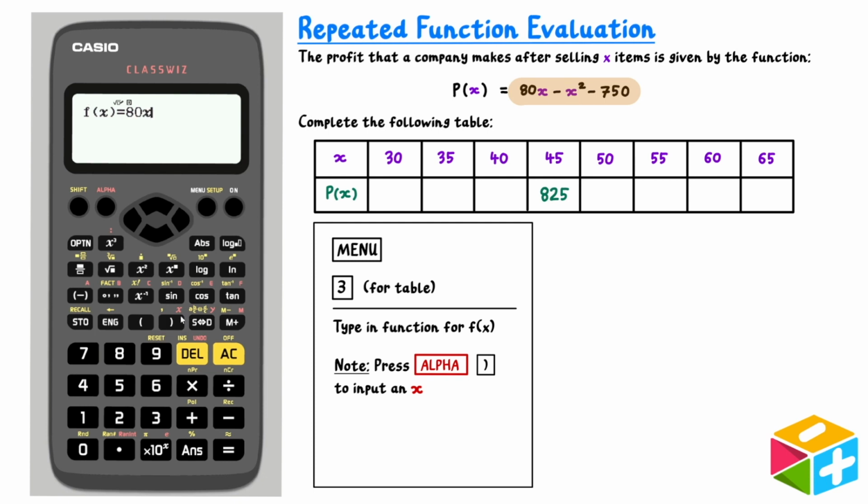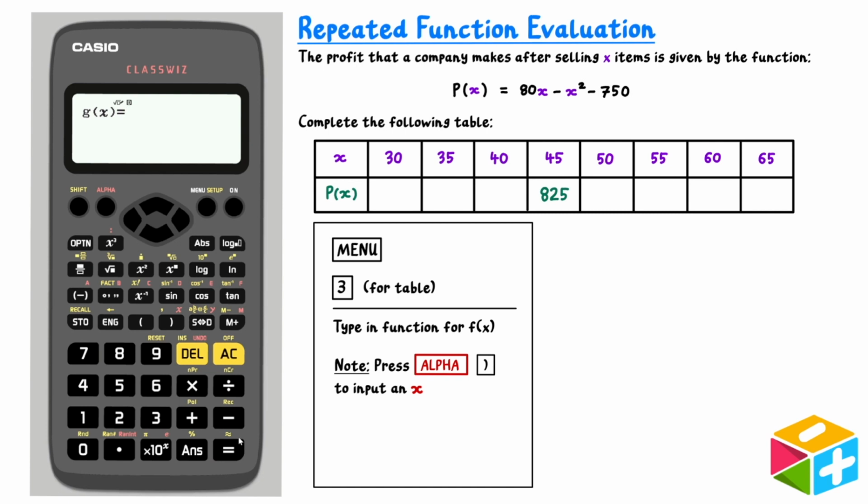Once we know how to input an x into the calculator, typing in the rest of the function is quite straightforward. Now that we're finished inputting the function, we should press the equal sign.